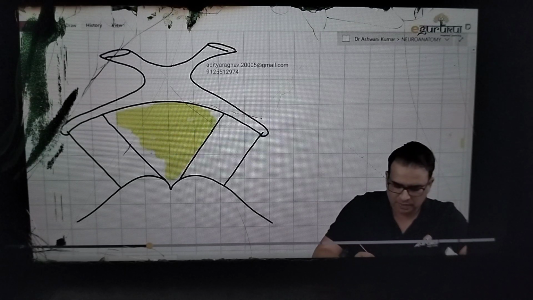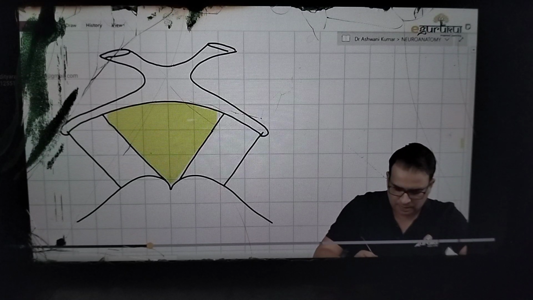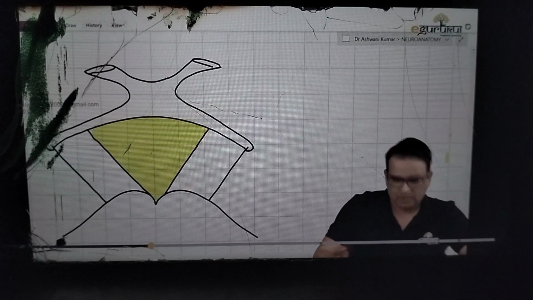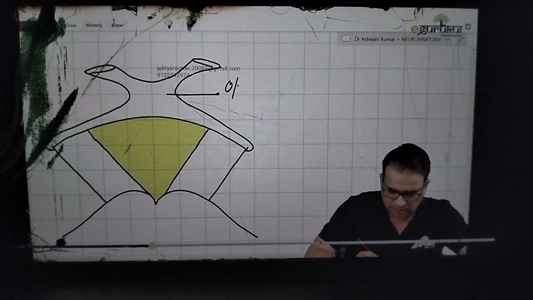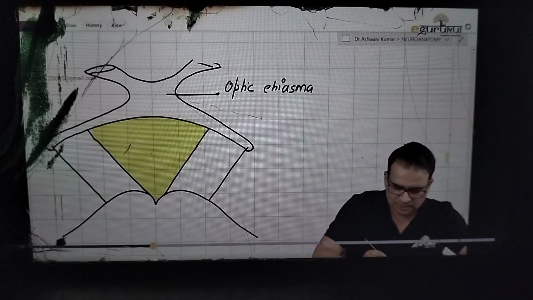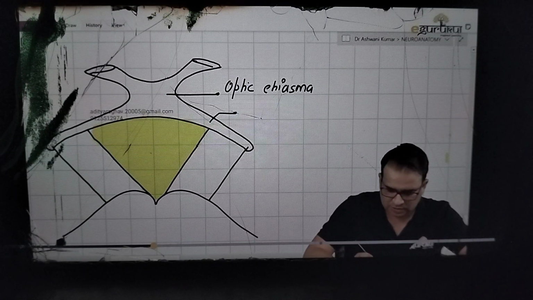If I have to mark the boundaries of this fossa, it starts with this optic chiasm, which is present in the midline ventrally. Then we have this tract.